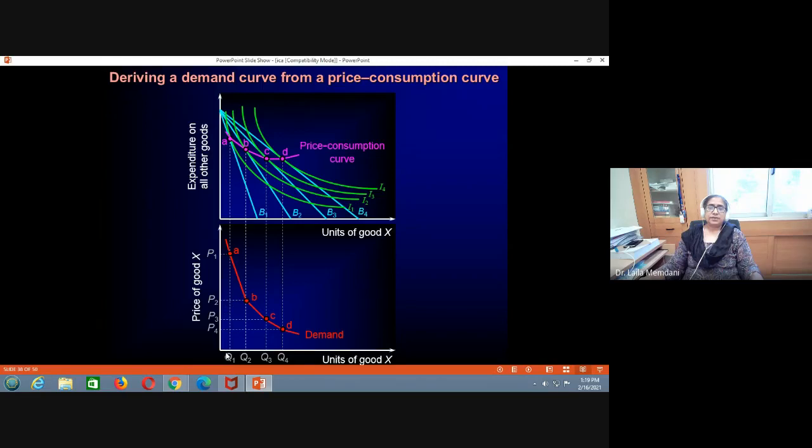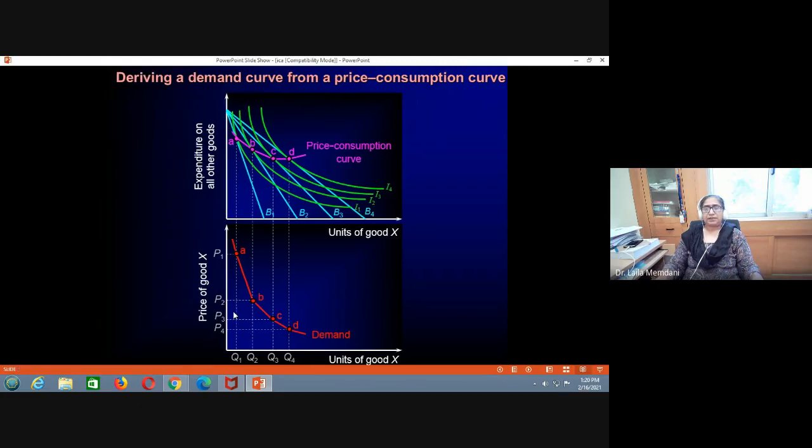I get quantities Q1, Q2, Q3, and Q4 for A, B, C, and D. But the price of good X is not there in the upper panel. So I plot the price points over here, and I get the demand curve. So this is the downward sloping demand curve.